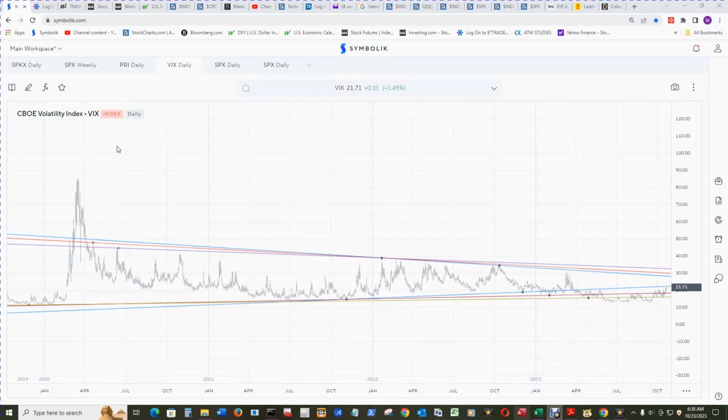Then the downtrend lines, one of them is anchored at this part of the COVID crash coming out of it. You can put a piece of tape over this peak here, as that was 10 bridges too far.